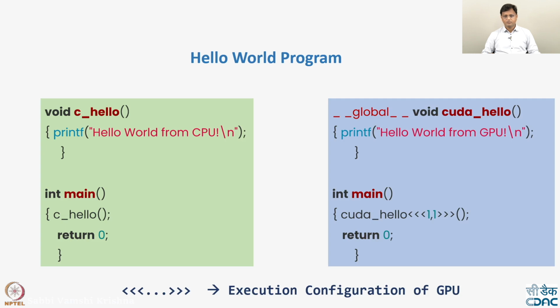Now, just see the comparison of two hello world programs here. This is a normal C hello world program, or you can say a CPU program, and this is a GPU hello world program.